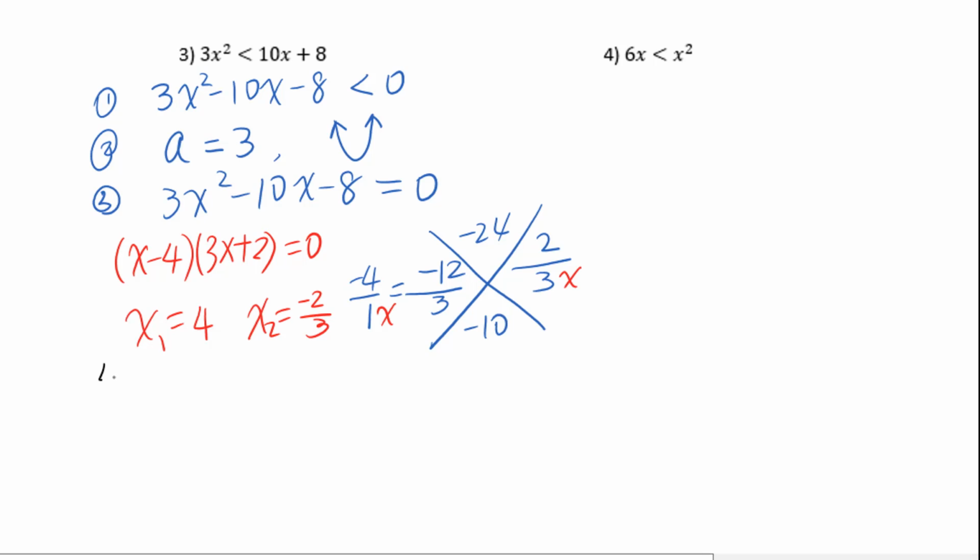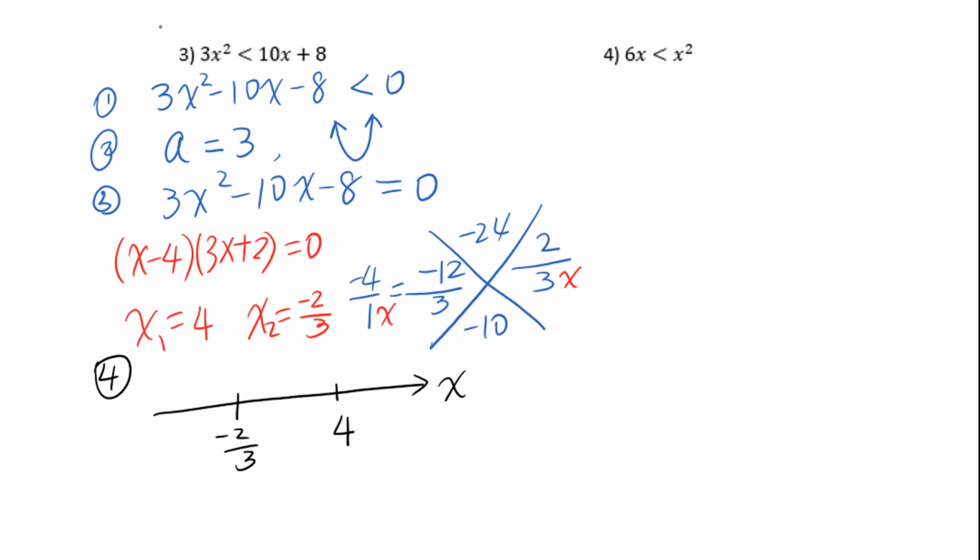Then for the next step, this is the x-axis. You have -2 over 3. This is 4. Then we sketch the graph. Open up. Since this is less than 0, this will be an open circle.